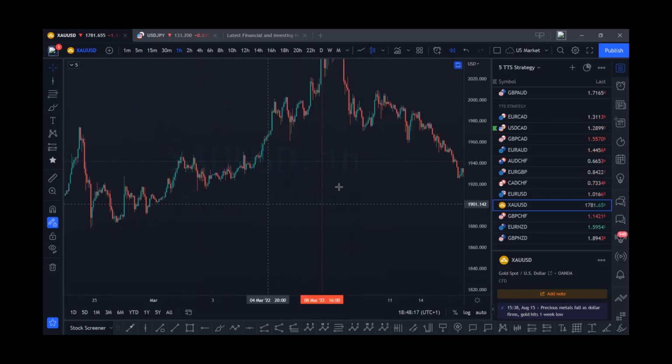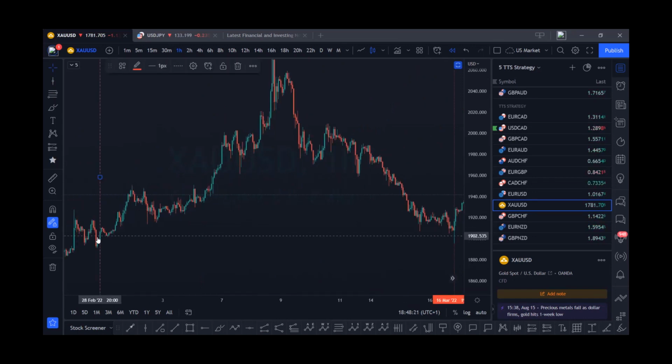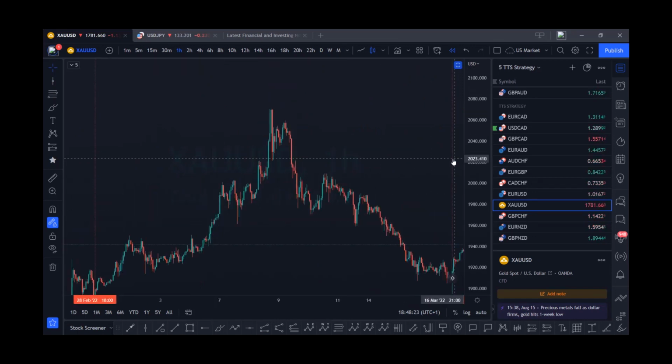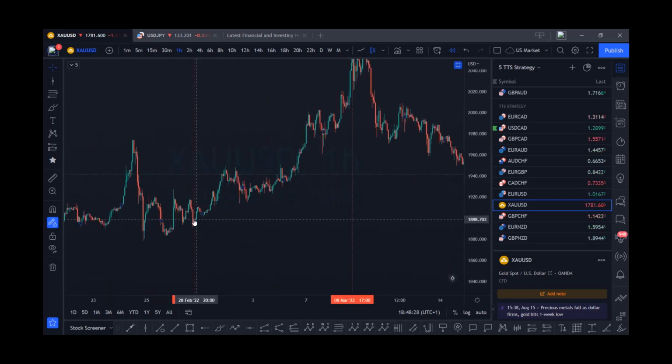Sorry, this is a typical example of an uptrend, not a downtrend. From here, you're going to see the highs are getting higher. This is the high, this is the high, this is the high, and another high.